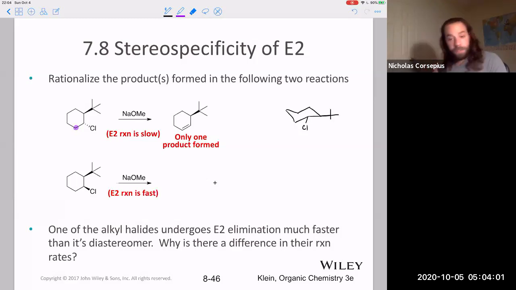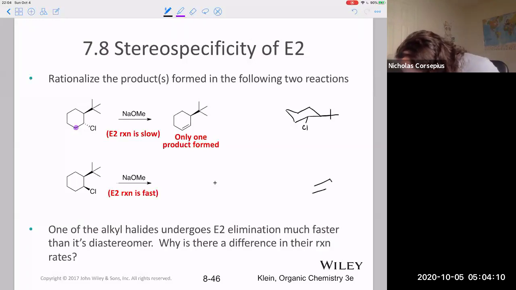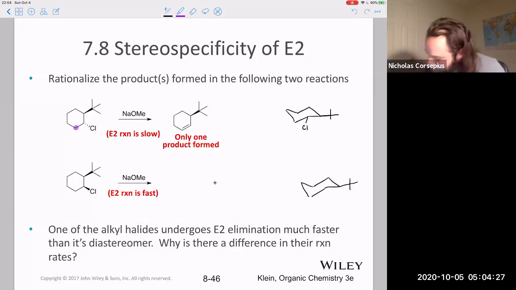Likewise, down here, we can see that it would happen, and it would happen quicker because if I drew my chair conformation, when the tert-butyl group is in the axial position, that means that the chlorine would be in the equatorial position, right?